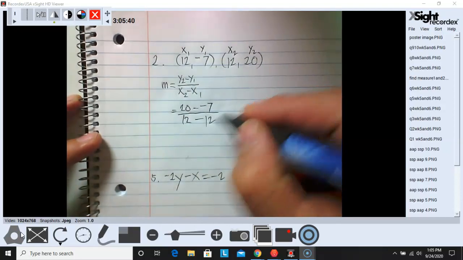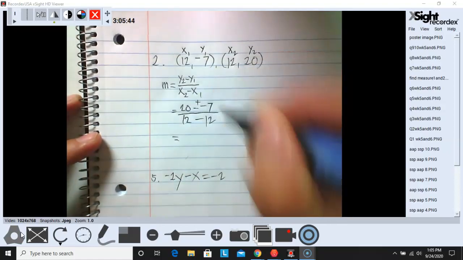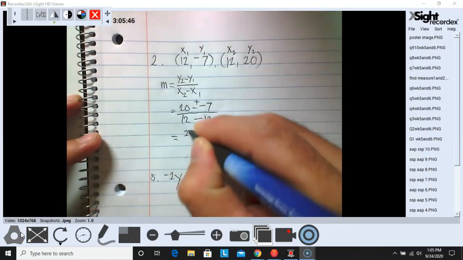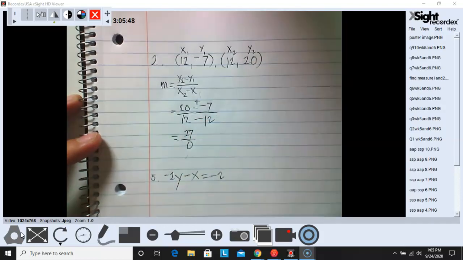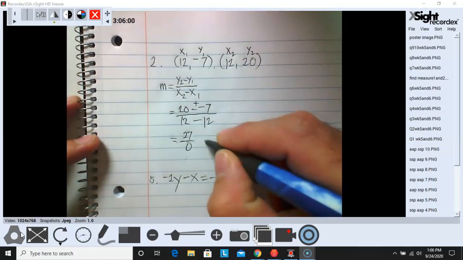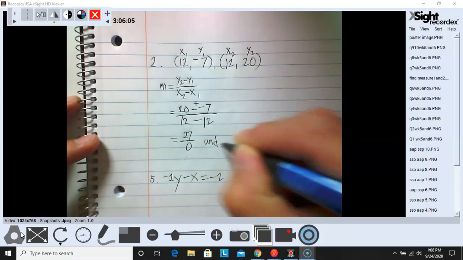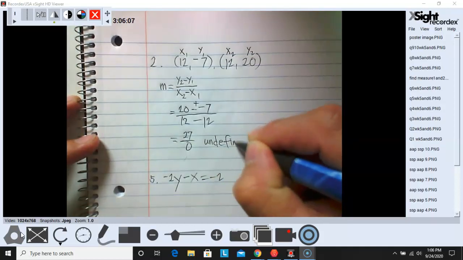So simplifying, this becomes positive 27 all over 0. Okay, what happens if you are dividing by 0? Math will tell you that if you're dividing by nothing, your final answer would be undefined.